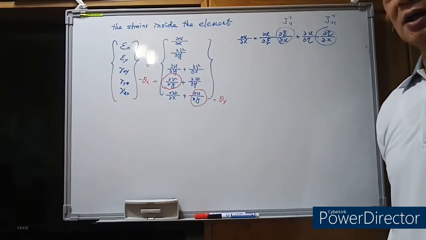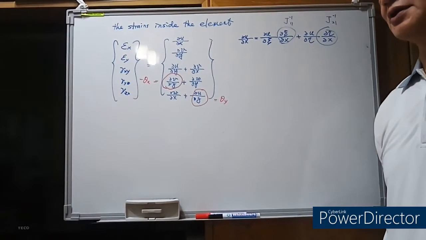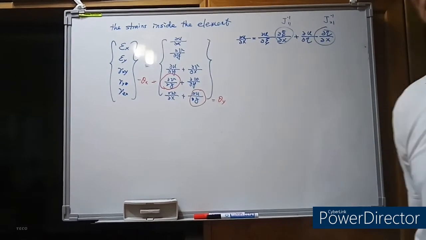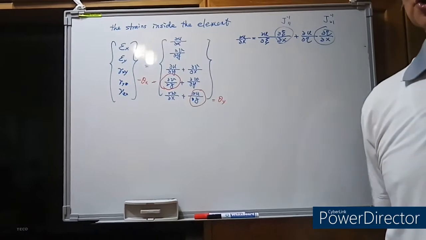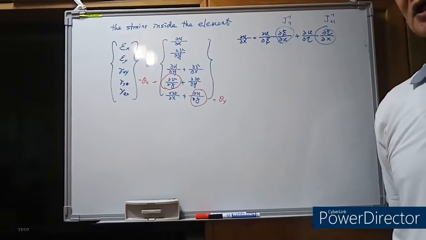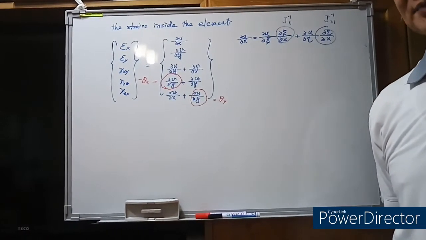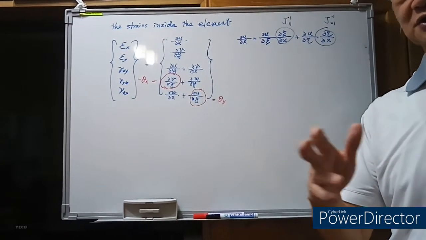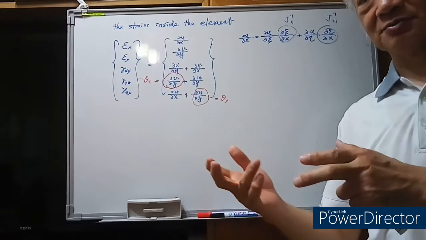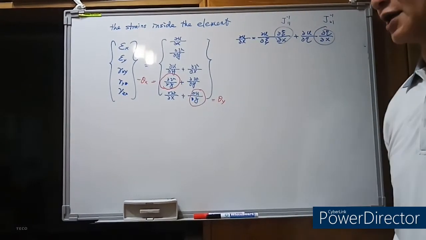I will not repeat how we calculate the elements in the Jacobi matrix, since for the plate bending element, the description of the geometry is similar to the plane stress elements.